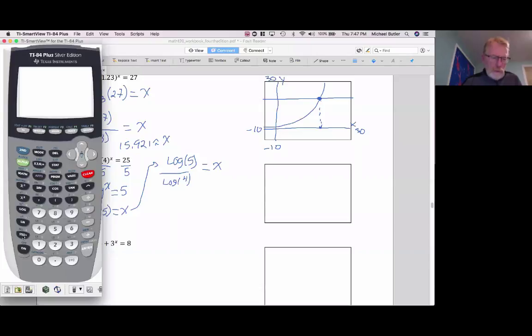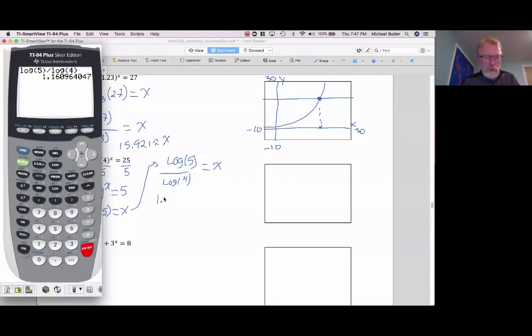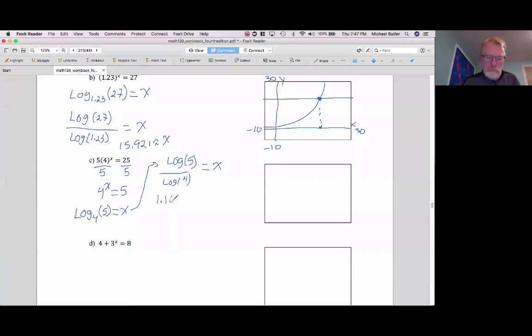So I'm going to get log of 5 divided by log of 4. And I get back the decimal approximation out to 3 places of 1.161. That's approximately equal to x.